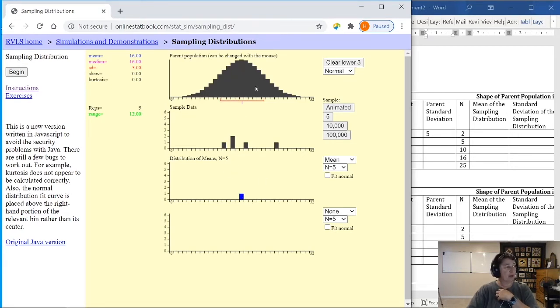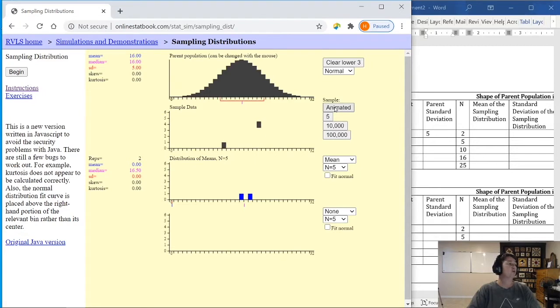From this parent population, all these women's heights, I'm going to pick 5 of them at random: 1, 2, 3, 4, 5. And then I'm going to drop it down, find the mean of those 5, and drop it down into a new distribution. So this is a mean of my sample data. This is a mean of my sample data.